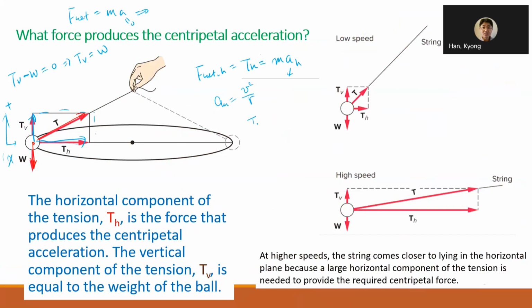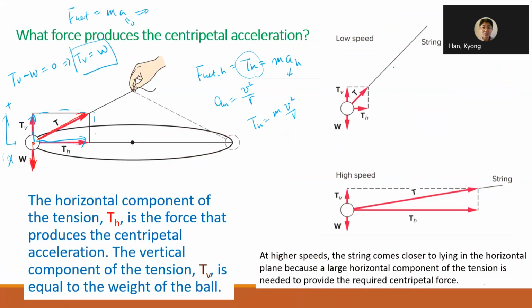So T_H equals m v squared over r. In this case, this horizontal component gives the centripetal acceleration. The horizontal component of tension T_H is the force that produces the centripetal acceleration. The vertical component of tension T_V is equal to the weight of the ball, as I calculated here.